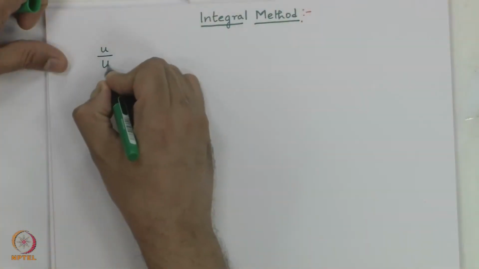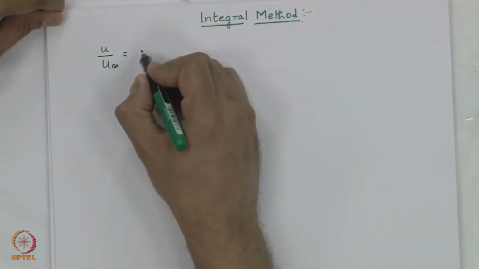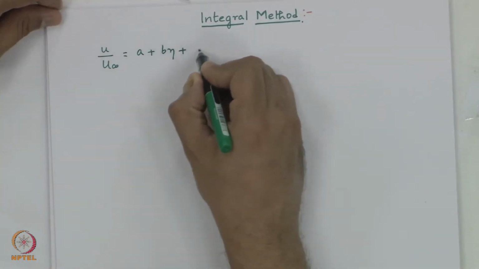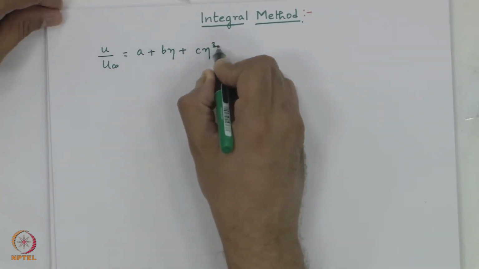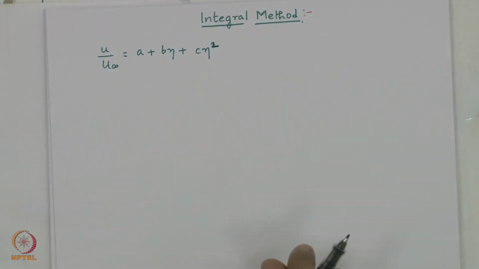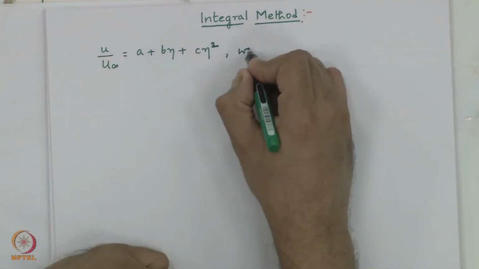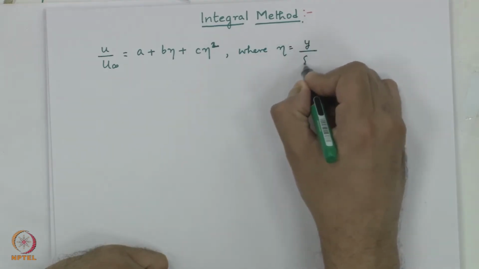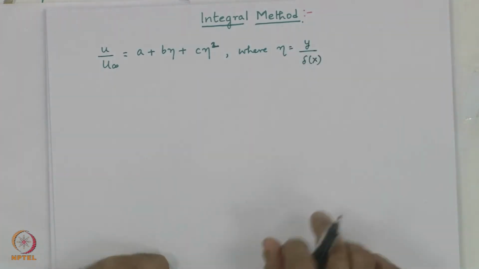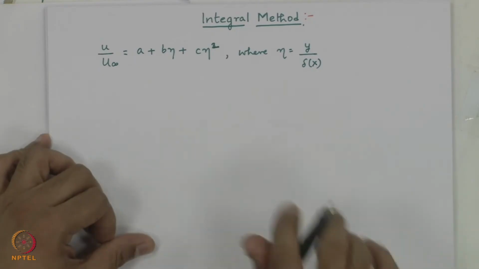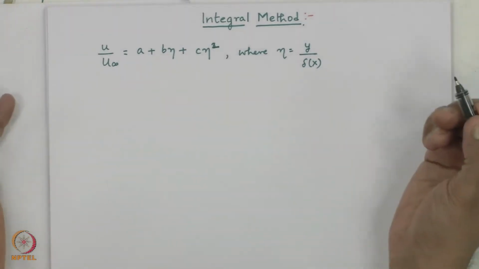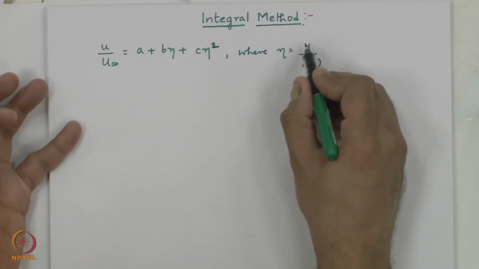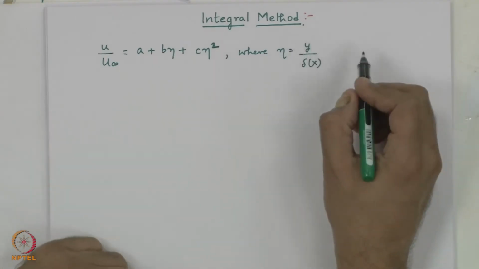If I assume a profile u by u infinity is equal to a plus b eta plus c eta squared, where eta is equal to y over delta x. This eta has nothing to do with the similarity variable, this is different, it is just a nomenclature used for this ratio y over delta x.